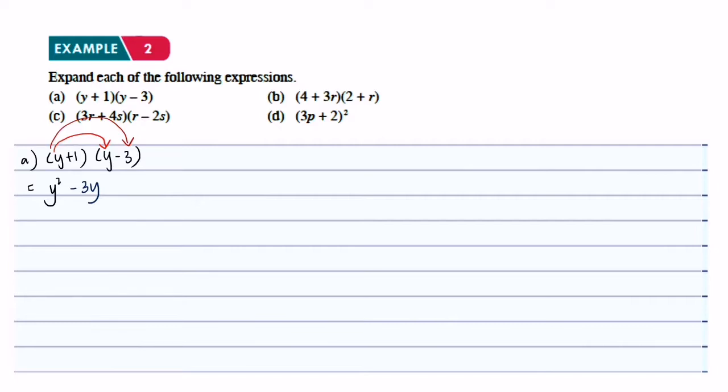After multiplied by y, now 1 times y equals y. So it's positive, right? So you plus y. 1 times negative 3 is equals negative 3.